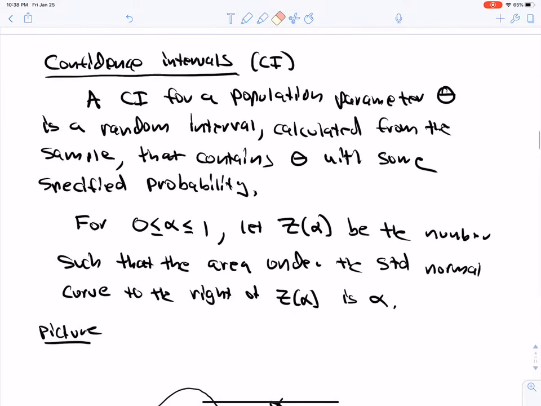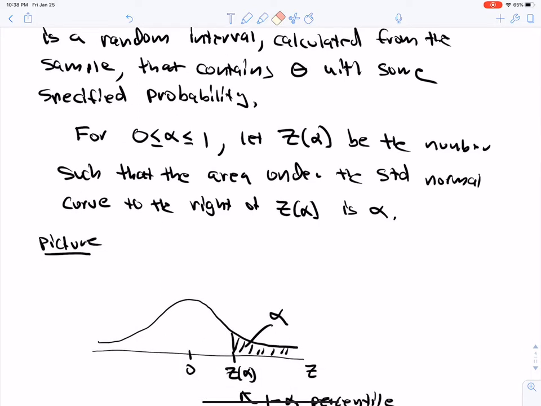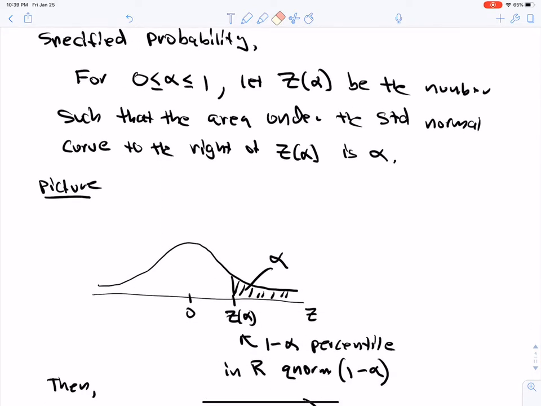We then went on to confidence intervals. A confidence interval for a population parameter theta is a random interval calculated from the sample that contains theta with some specified probability. If you specify some alpha between 0 and 1, z alpha is the number such that the area under the standard normal curve to the right of z alpha is alpha, as shown in this picture.